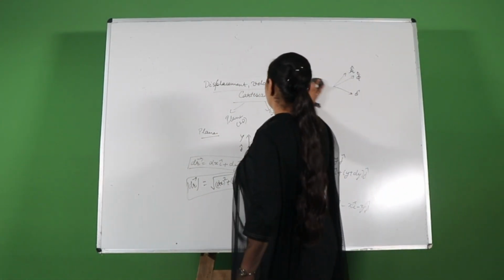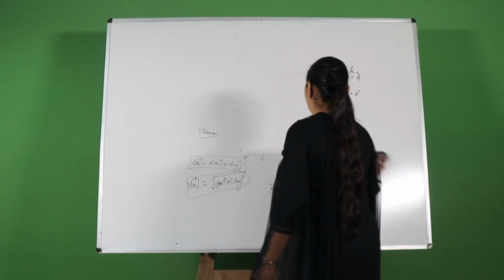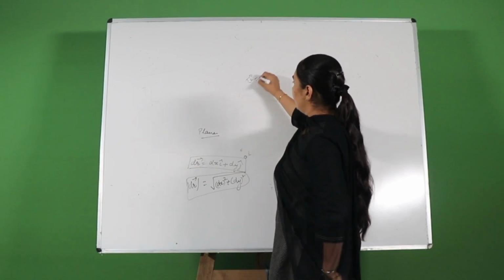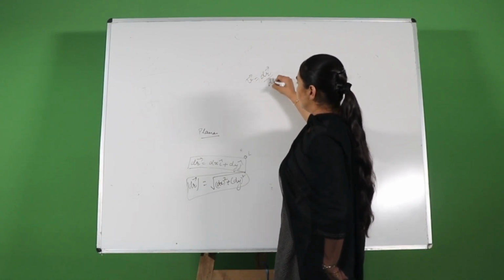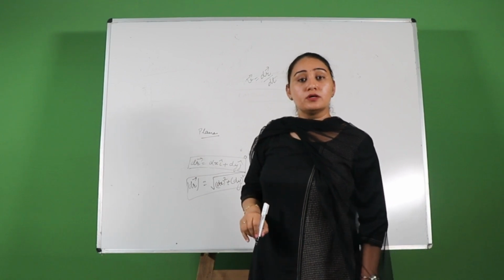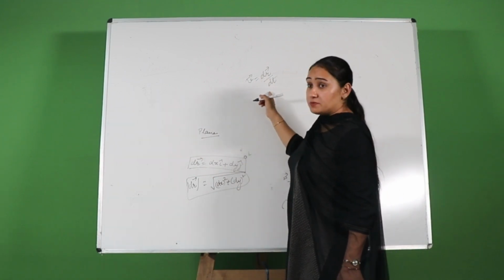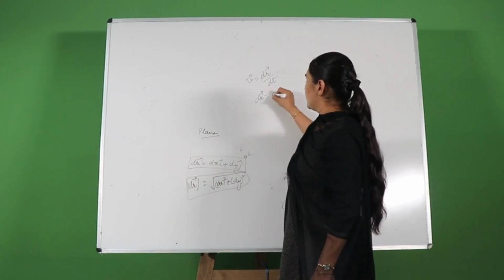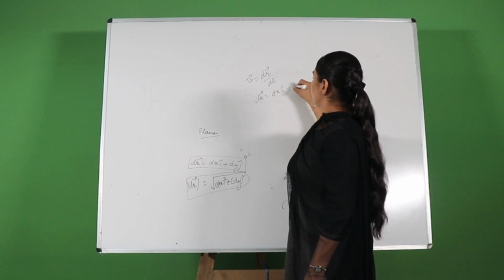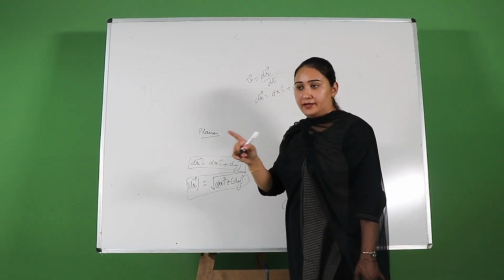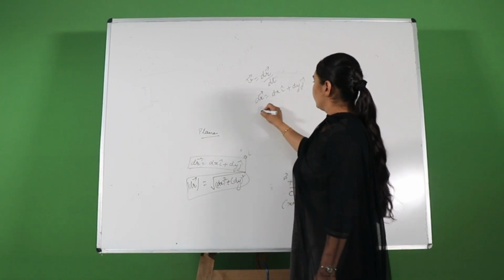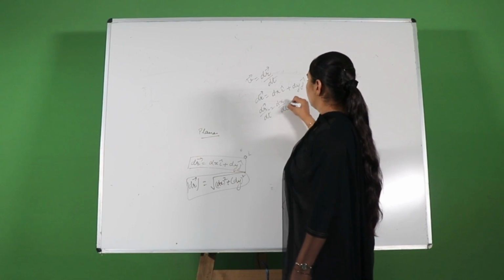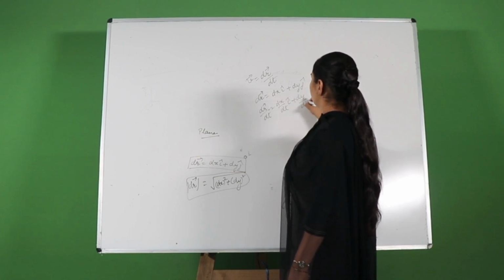Now I want to find the velocity from here. Everybody knows what velocity is. Velocity is the rate of change of displacement with respect to time. If I see this equation, dr equals dx i cap plus dy j cap, and I divide both sides by dt, it gives me dr by dt equal to dx by dt i cap plus dy by dt j cap.